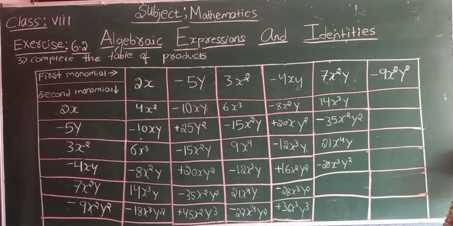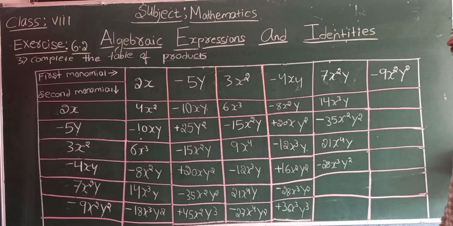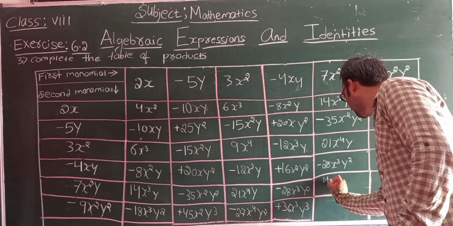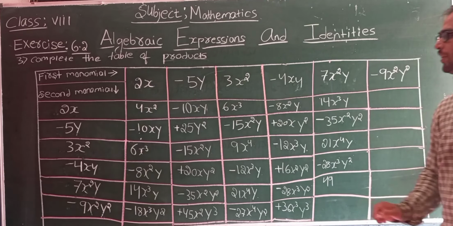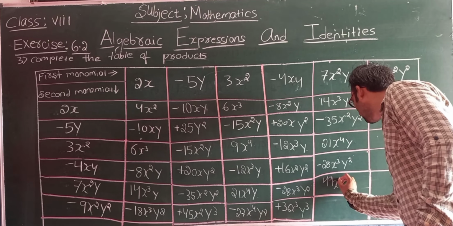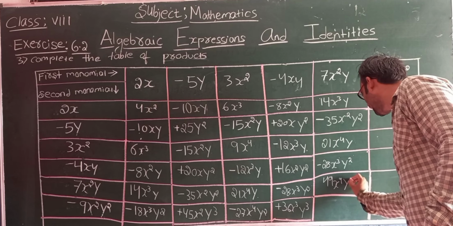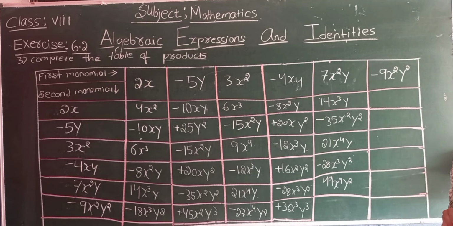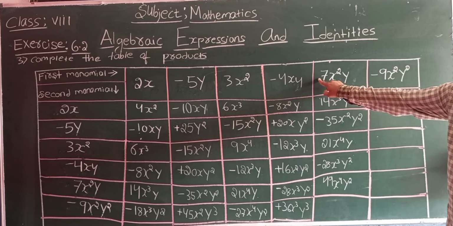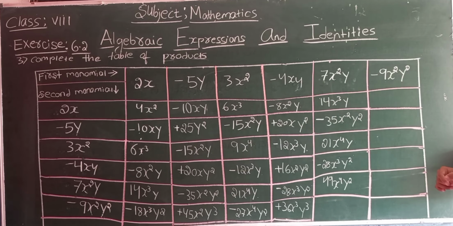Now multiply 7y square with 7y square. So 7 sevens are 49. X square into x square will be x to the power 4. Now y into y will be y square. Now plus is there, so this one 7x square y and minus 9x square y square.